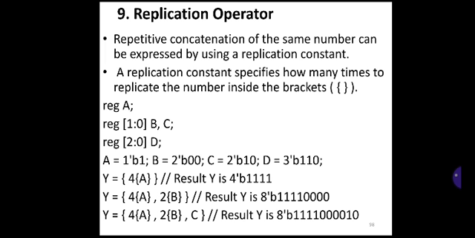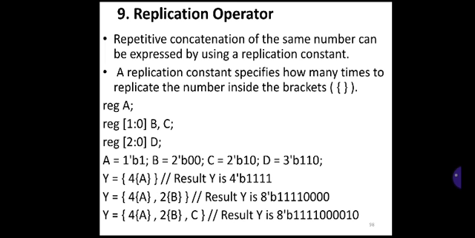So 4 into 1, 2 into 2, plus C, 1 into 2. The total size should be 10. The size of the result is 10. Here it was mistakenly written as 8.